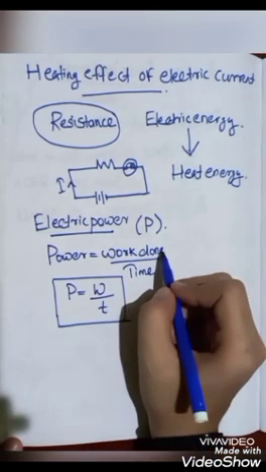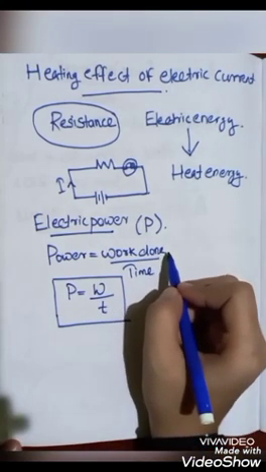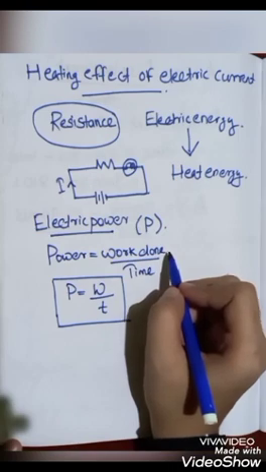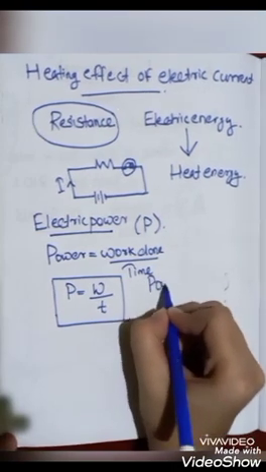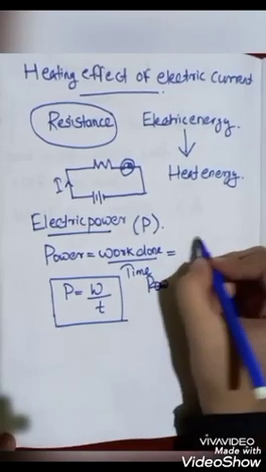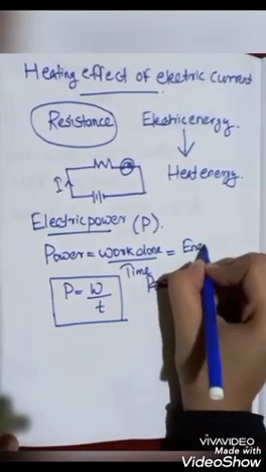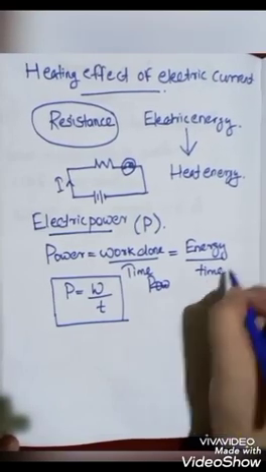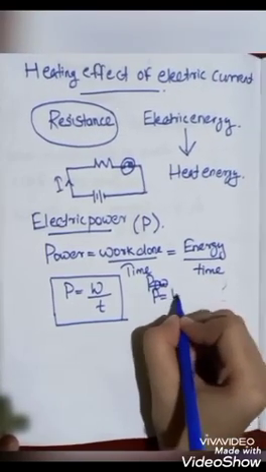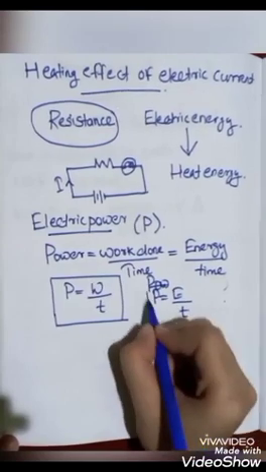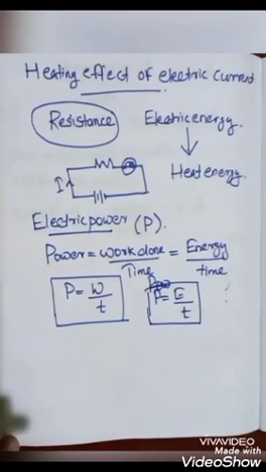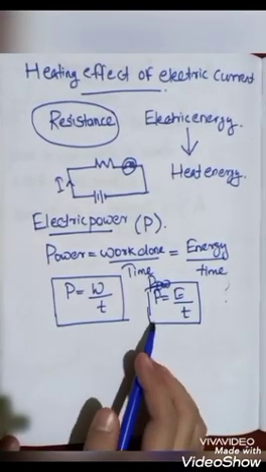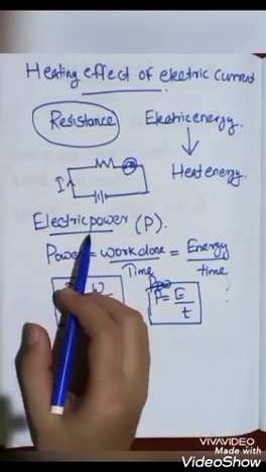And we know this work done is equivalent to the energy dissipated. So power is equal to energy by time. That is, P is equal to E by T also. This is another equation for power. What is power?